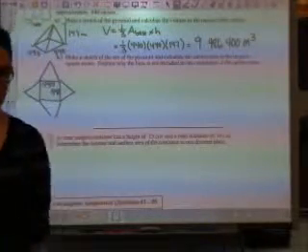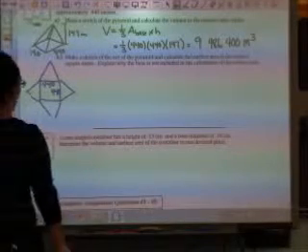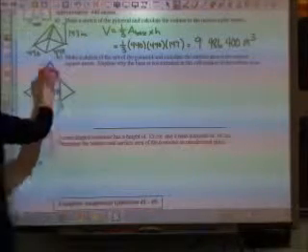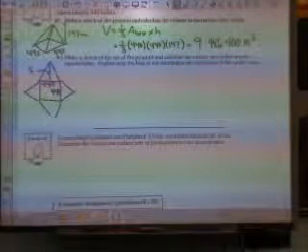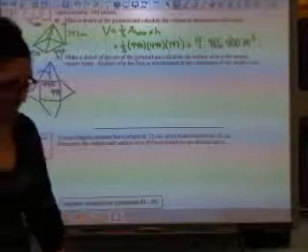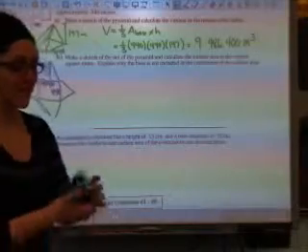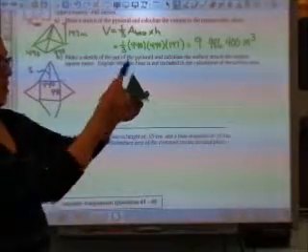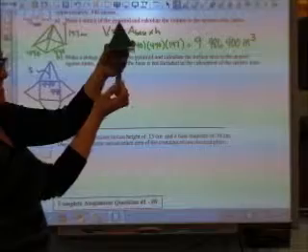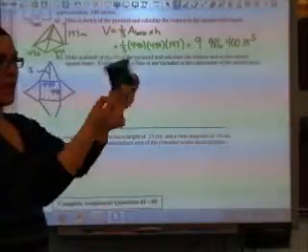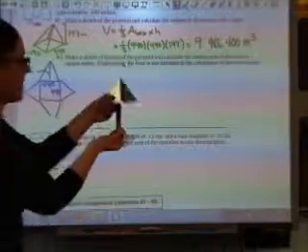Now, I need to figure out what the slant height is of my triangles, because I don't have it. The measurement that I was given of my pyramid was from the tip to the center of the base. That was my 147.